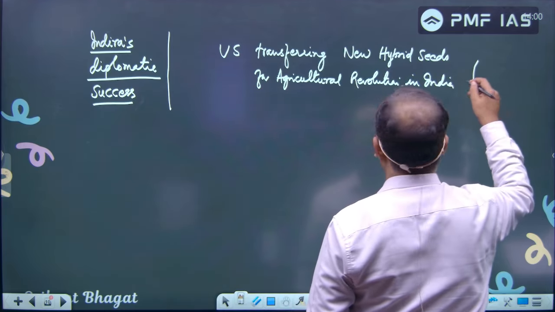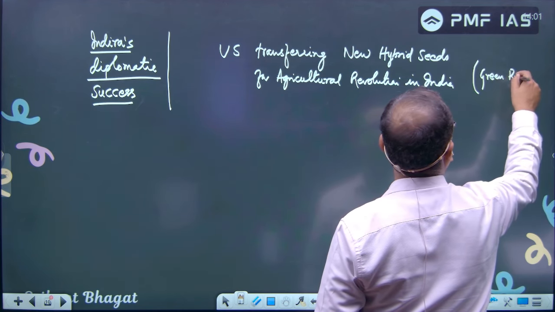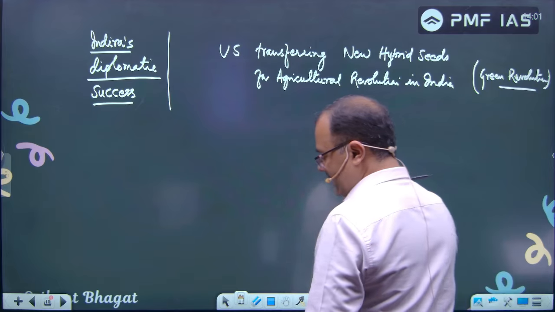Okay, that we call the Green Revolution for this period. We call it Mexican seed came.